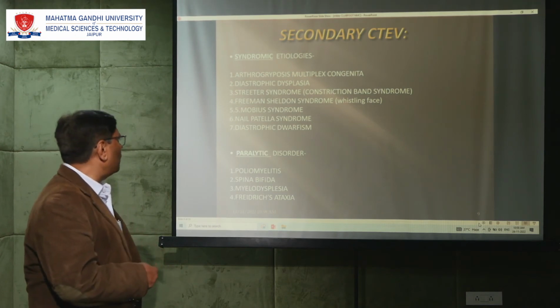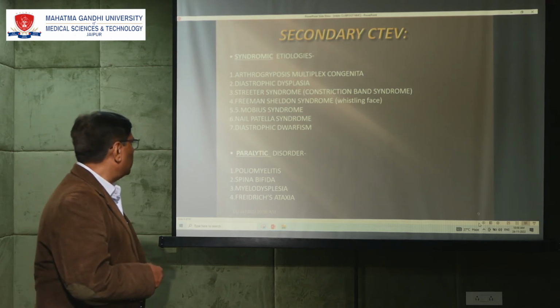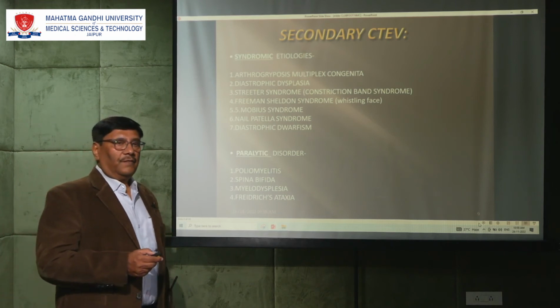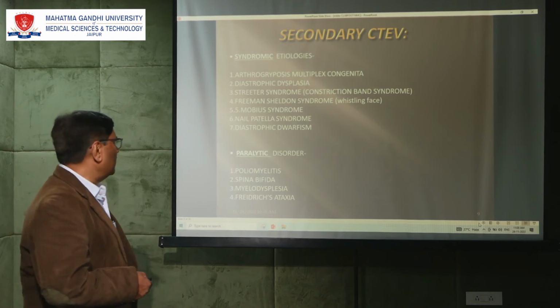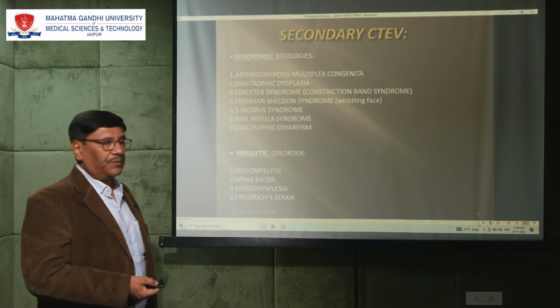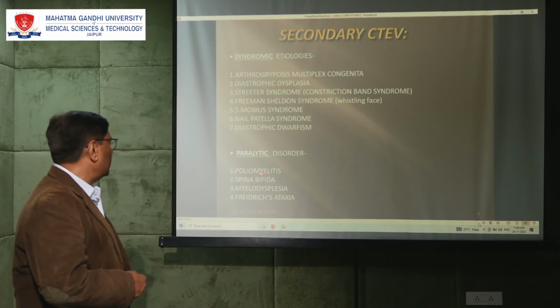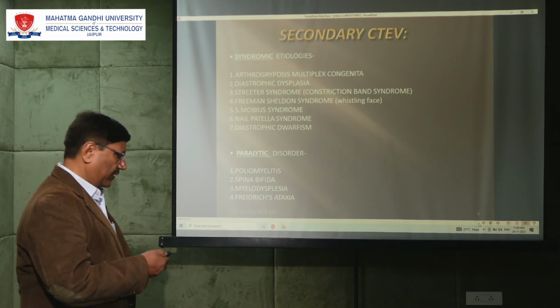Similarly, another group of disorders which constitutes the secondary CTEV group is the paralytic disorders. Any condition which involves the peripheral nerves or the spine can result in foot deformities. So included in this group are poliomyelitis, spina bifida, myelodysplasia, and Friedreich's ataxia.